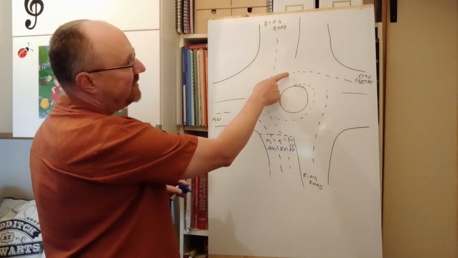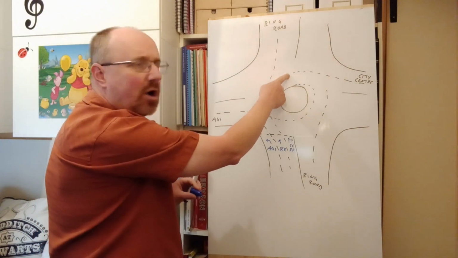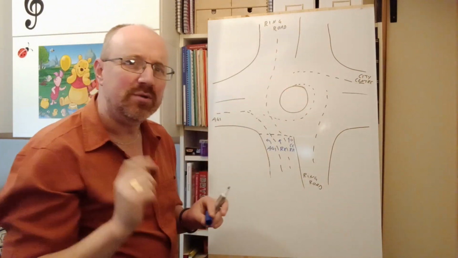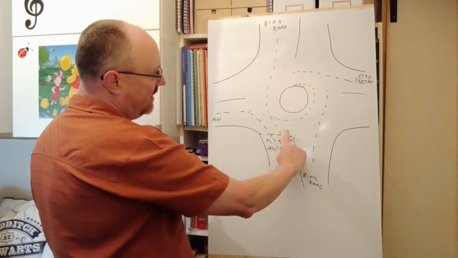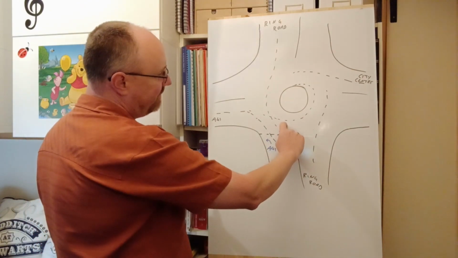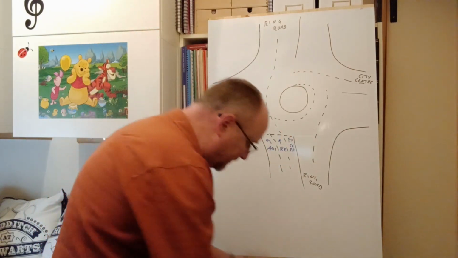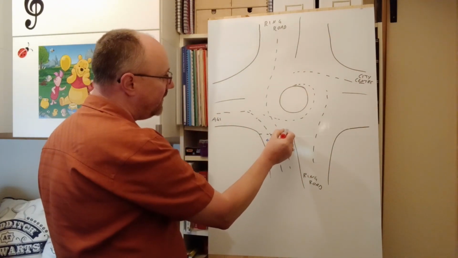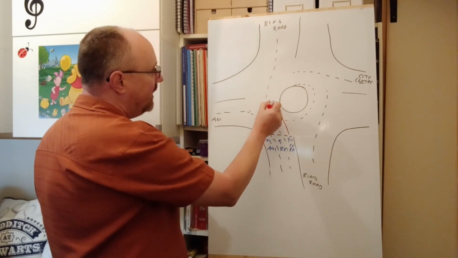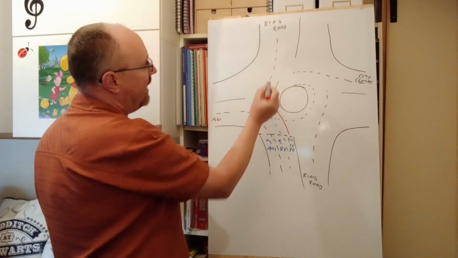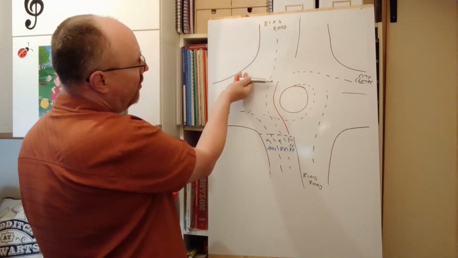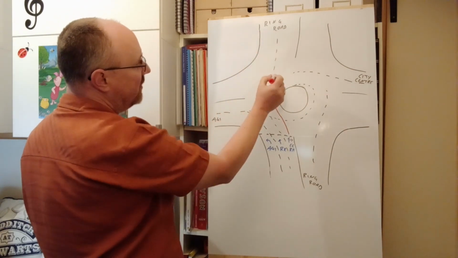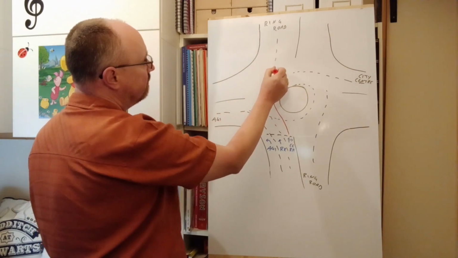Now look what happens here. This is something that commonly happens, and this is where people do get confused. This lane, the right lane, let's draw it in red just to try and make it stand out a little more. At this point, we can follow to the ring road.